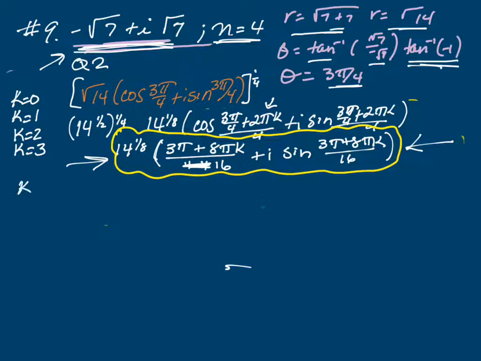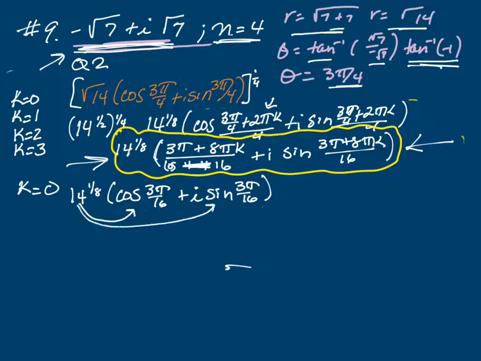So when we go k equals 0, the 8 pi k will go away. So we get 14 to the 1/8 times, by the way, this has got a cosine, I just left that out, sorry. Cosine of 3 pi over 16 plus I sine of 3 pi over 16. Now, since I'm using my calculator, I'm going to distribute this on my calculator. I don't want to write down cosine 3 pi over 16, because I'm going to have to round it.